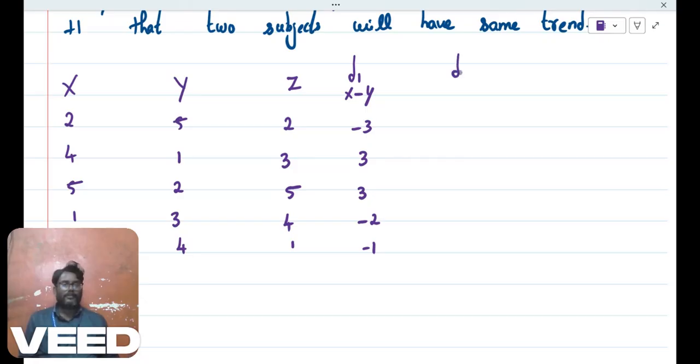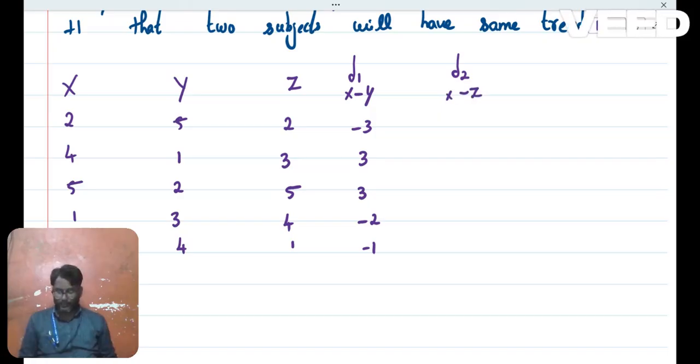Next, D2 is x minus z: 2 minus 2 is 0, 4 minus 3 is 1, 5 minus 5 is 0, 1 minus 4 is minus 3, and 3 minus 1 is 2.